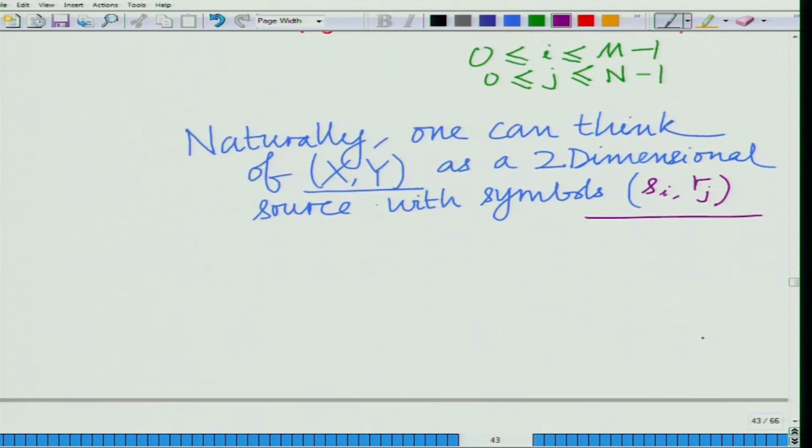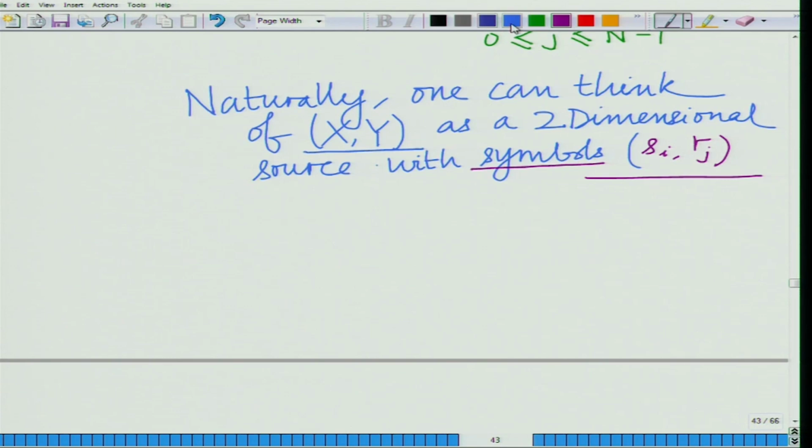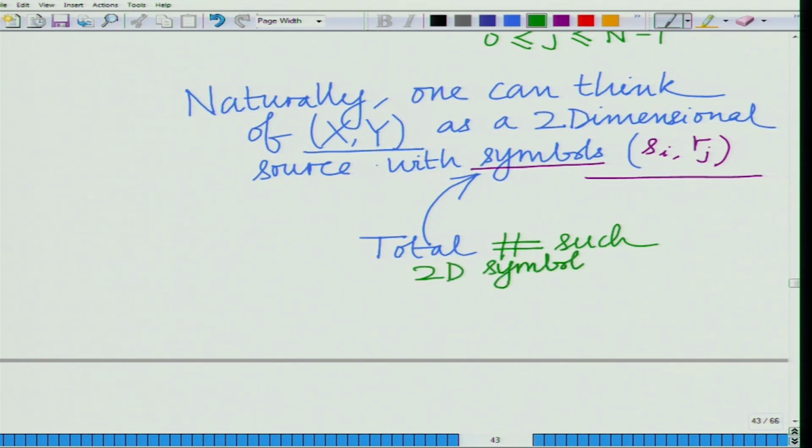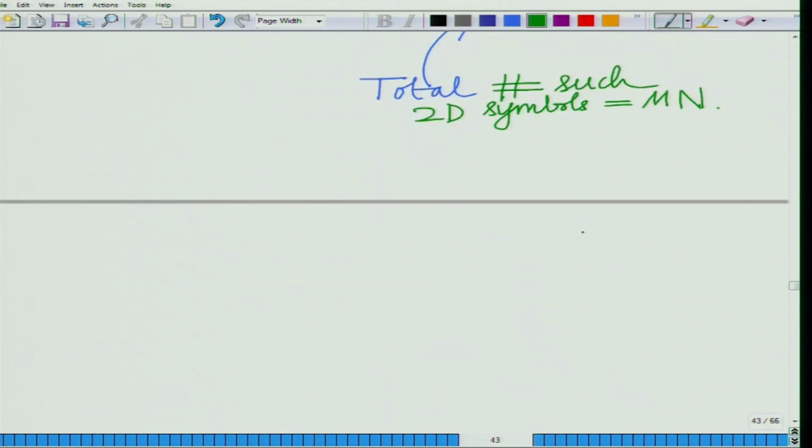So one can think of these as two dimensional symbols. The total number of possible combinations of x comma y: x can take m possible symbols, y can take n possible symbols, so the total number of two dimensional symbols is m into n. And now the joint entropy is nothing but the entropy of this two dimensional source x comma y, and that can be defined as follows.